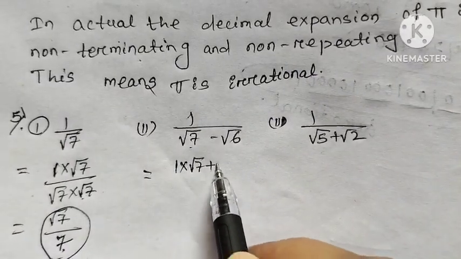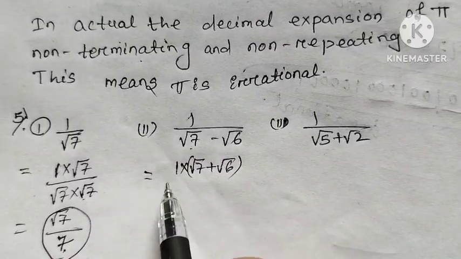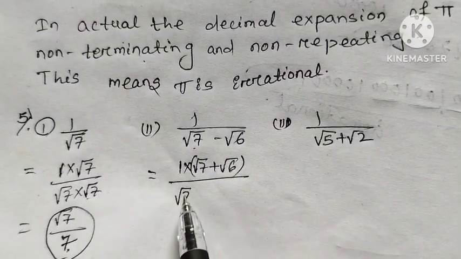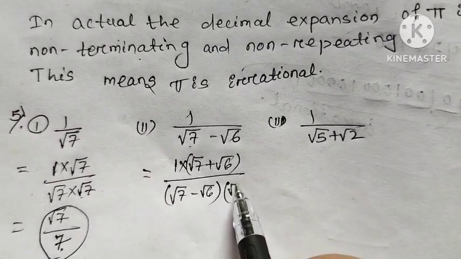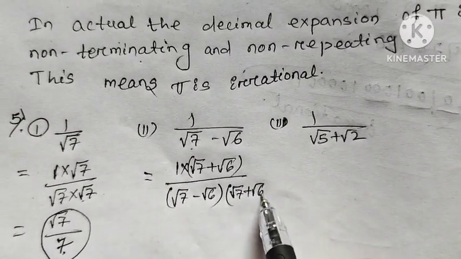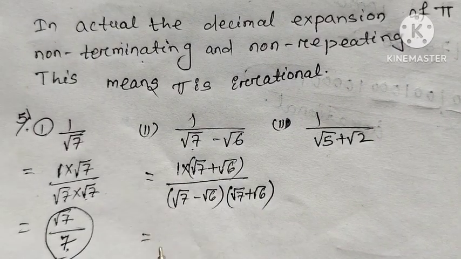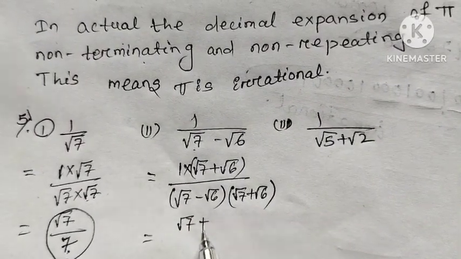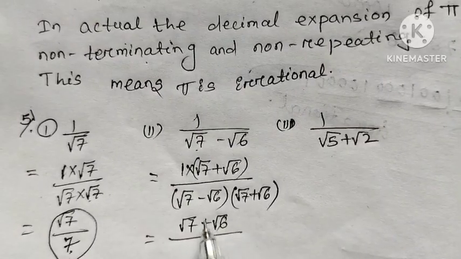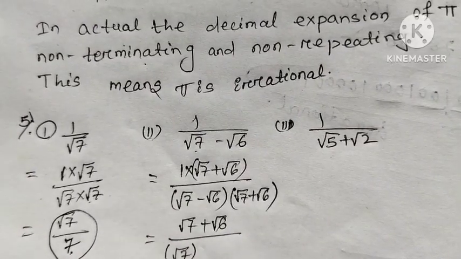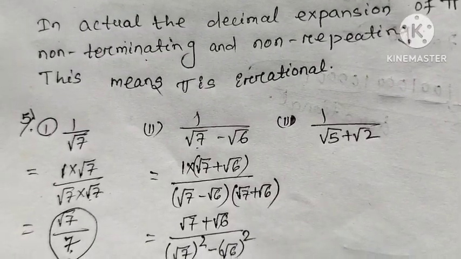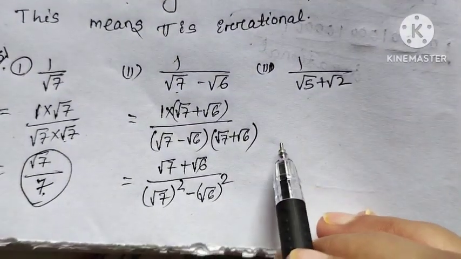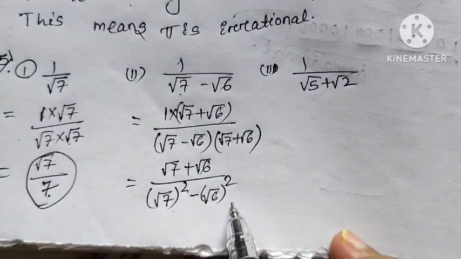Root 7 plus root 6 you multiply, divided by root 7 minus root 6 as given in your question, you multiply root 7 plus root 6. Then the numerator is root 7 plus root 6, and the denominator is root 7 square minus root 6 square, because a plus b into a minus b is a square minus b square.